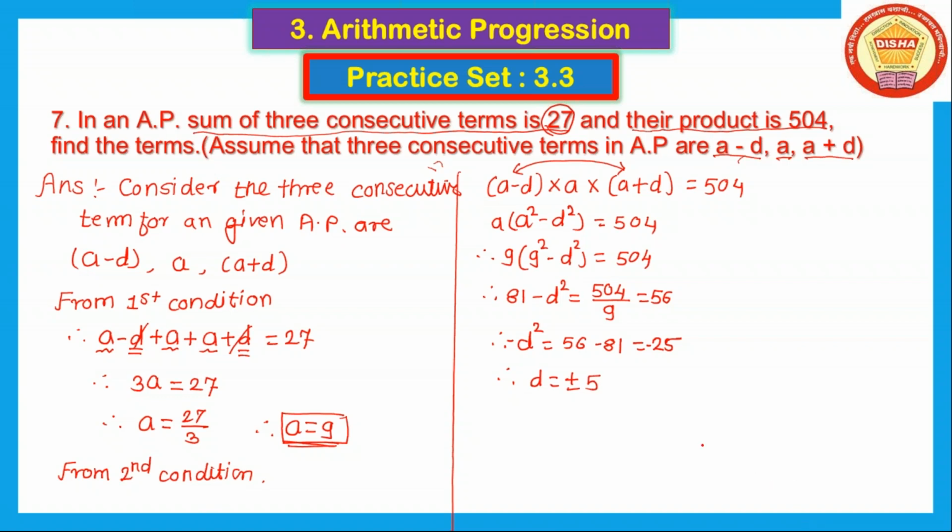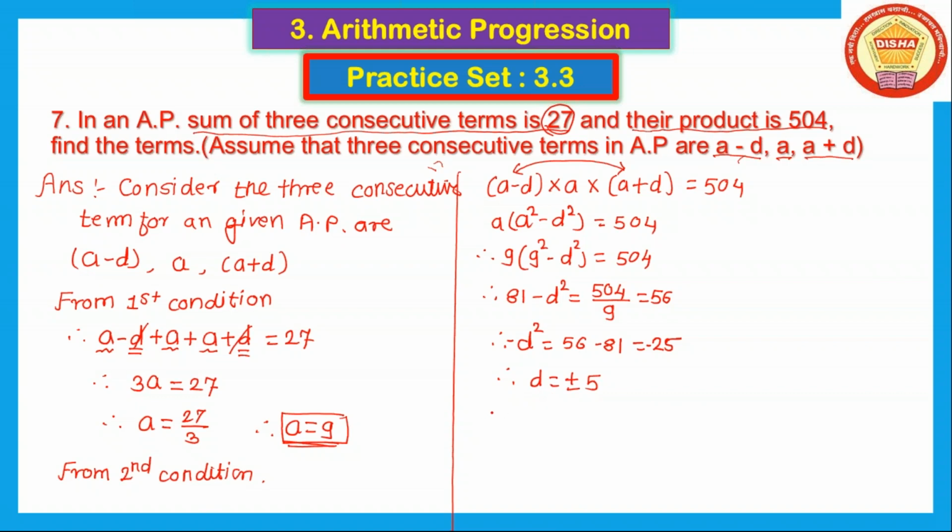We see in a quadratic equation the square root of any number may be plus or it may be minus. So here we find D is equal to plus or minus 5. Means we find the value of D as plus 5 or as minus 5.